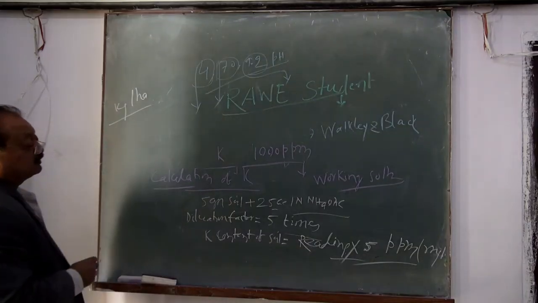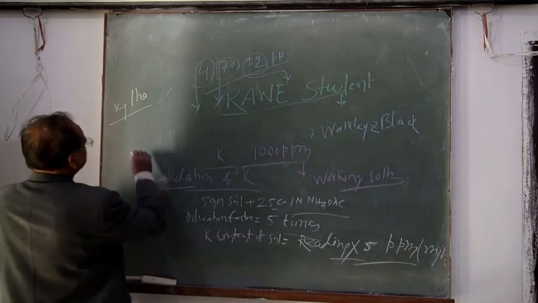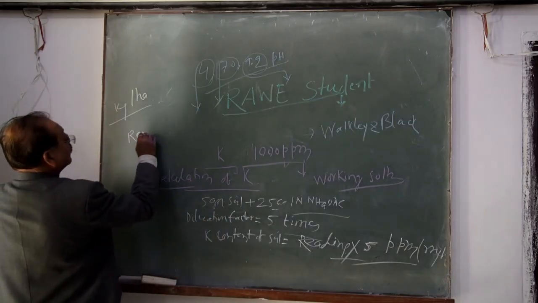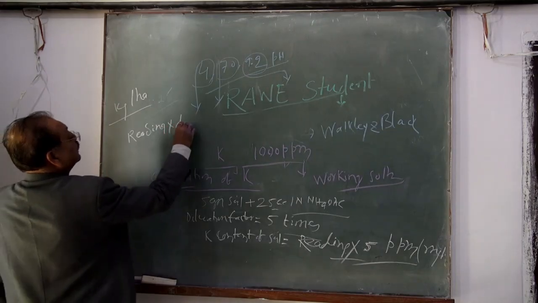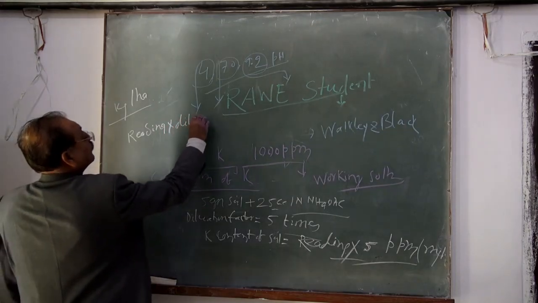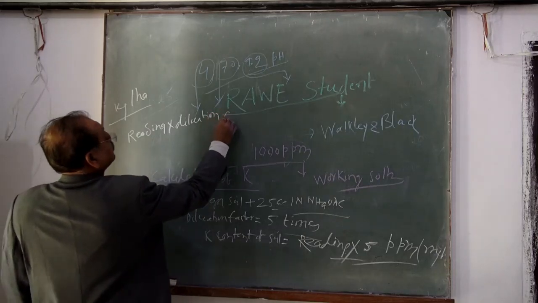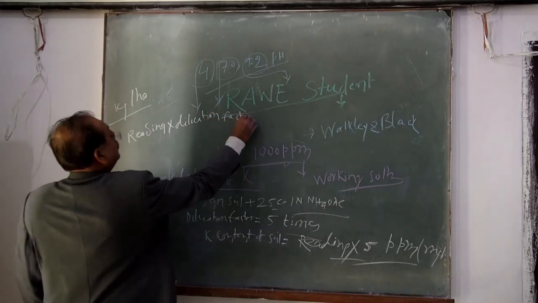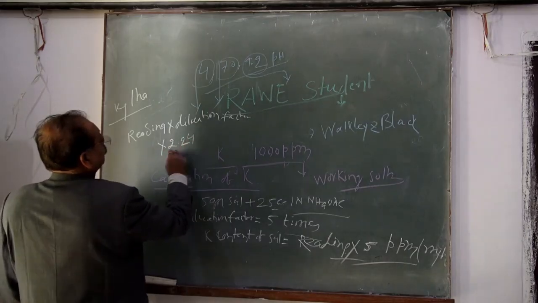For conversion into kg per hectare, what do you have to do? Reading into dilution factor into 2.24.